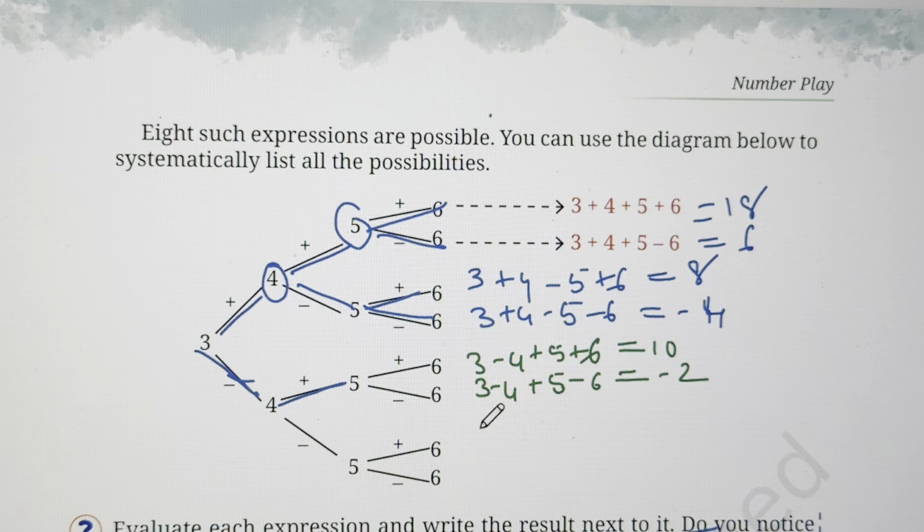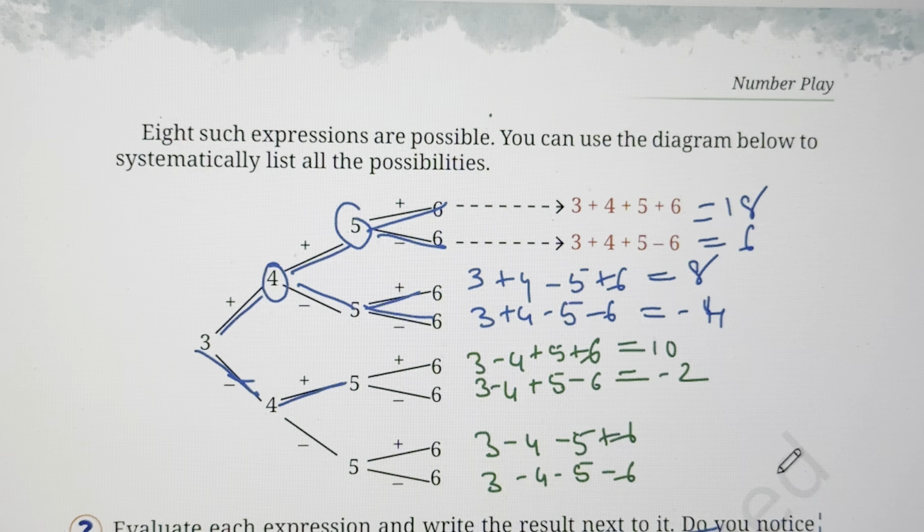Okay, now let us do the next. So 3 minus 4 minus 5. Now we are doing this one, the last two. So 3 minus 4 minus 5 plus 6, and 3 minus 4 minus 5 minus 6.